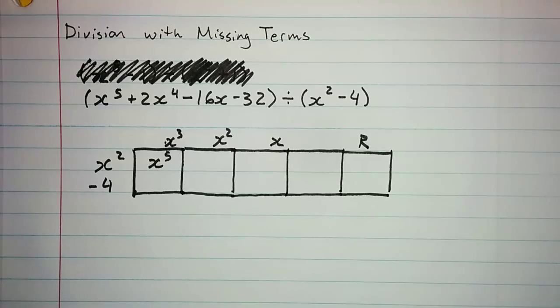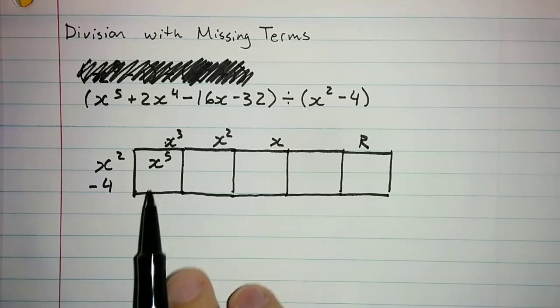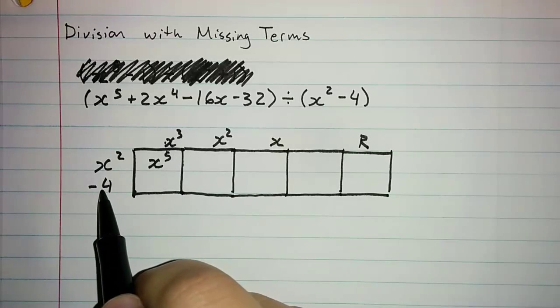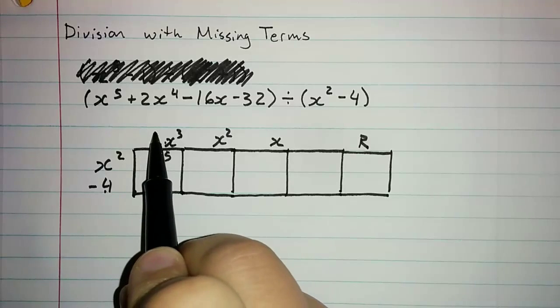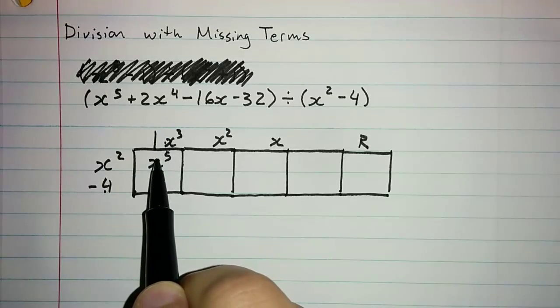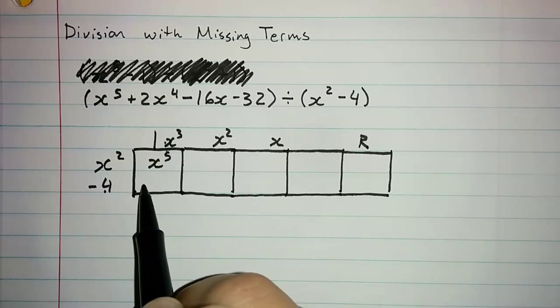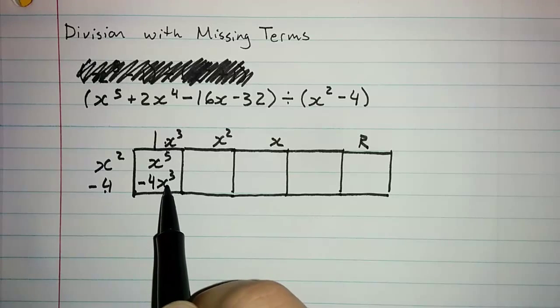Well, notice that when I do these multiplications, here I have x cubed times, of course I'm going to need a 1x cubed here. I'll have x cubed times negative 4 for a negative 4x cubed.